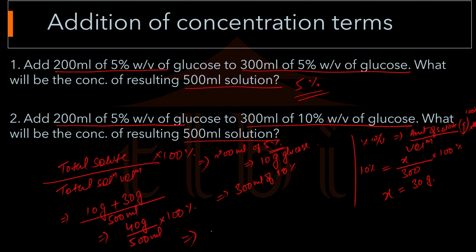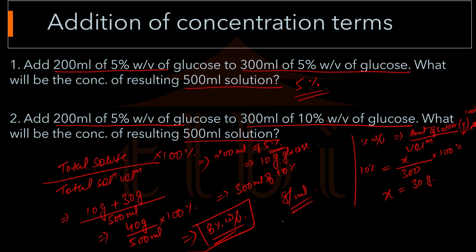So answer will be how much? It will be 8% weight by volume. That is your answer. Okay. This same answer can also be given in terms of, let's say, gram per ml.